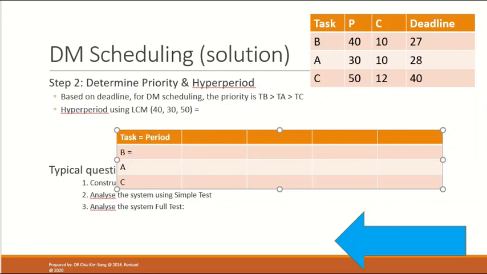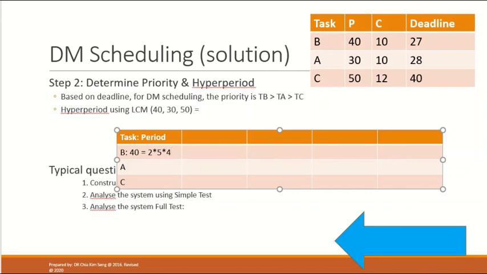The task B period is 40. How are you going to get 40? 40 can be equal to 2 multiplied by 5, you get 10, and then multiplied by 4, you get 40, am I correct?